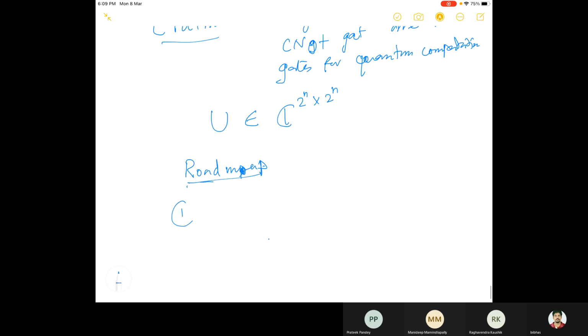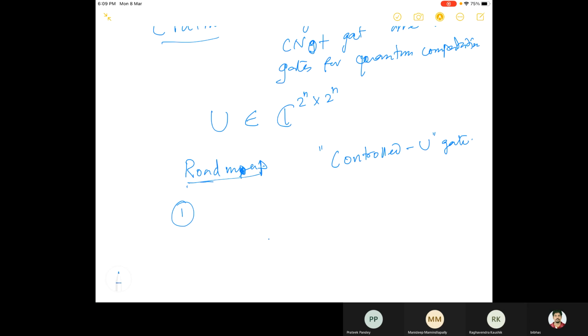So, roadmap. First, like I said, NOT is a single qubit gate. So the controlled-NOT gate can be generalized into a controlled-U gate. If you have a 2-qubit input, whether the first one is control and the second one is target, or the other way around, doesn't matter.